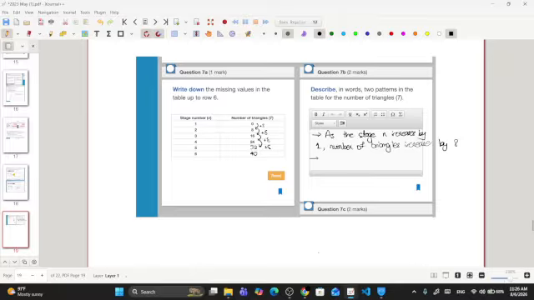Another pattern can be all numbers are even numbers.